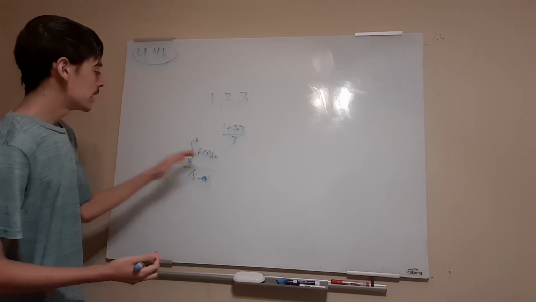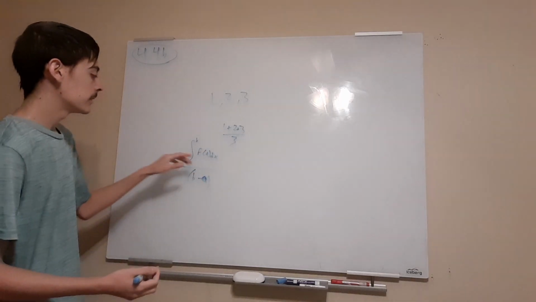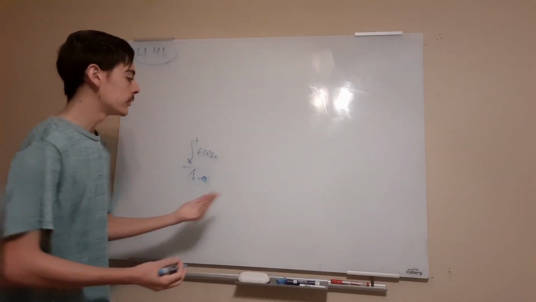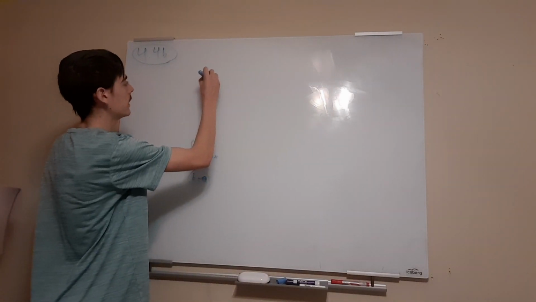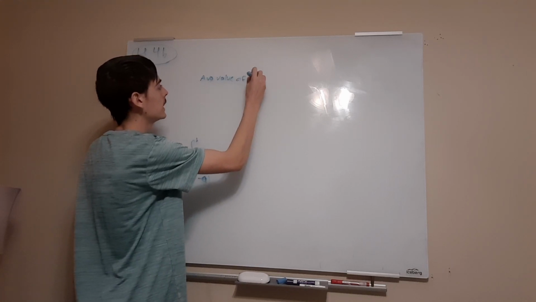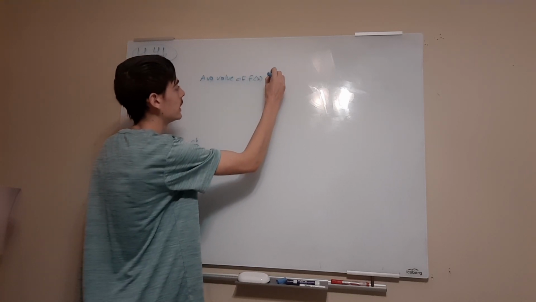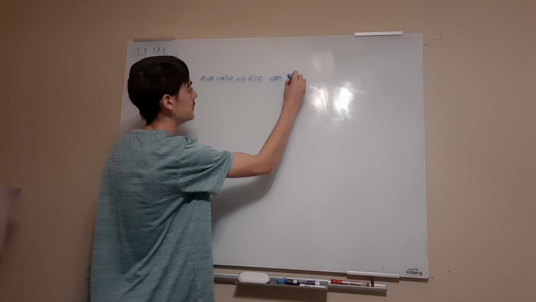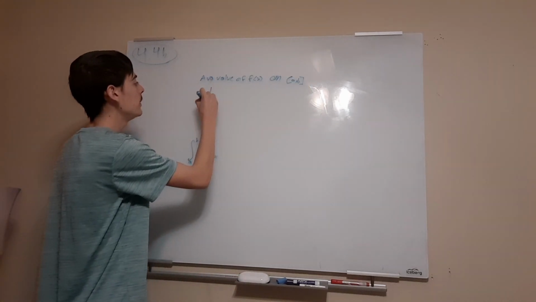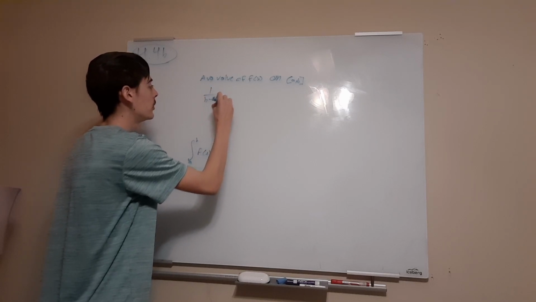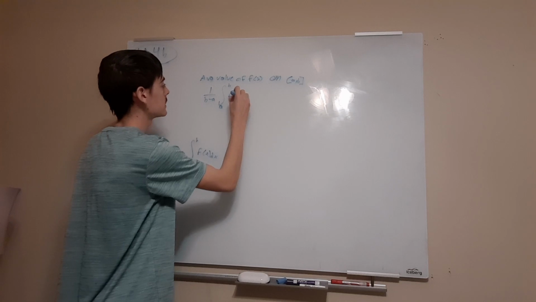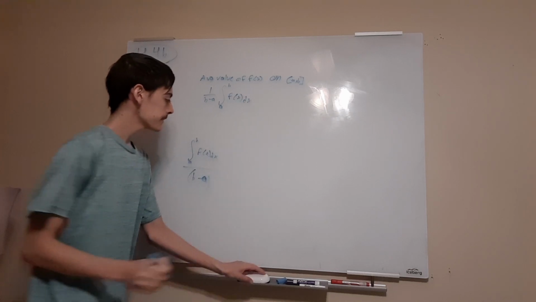This formula looks a little sloppy, so I'm going to write it more formally for you now. The formal way we see the formula is that if we want to find the average value of f of x on the interval a to b, we would use the formula 1 over b minus a multiplied by the integral from a to b of f of x dx.